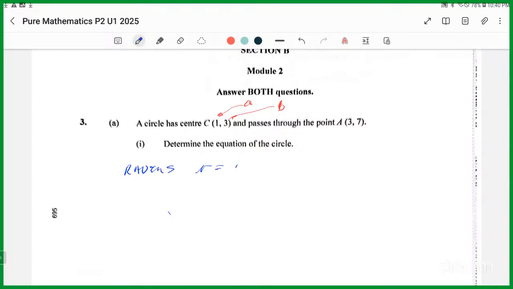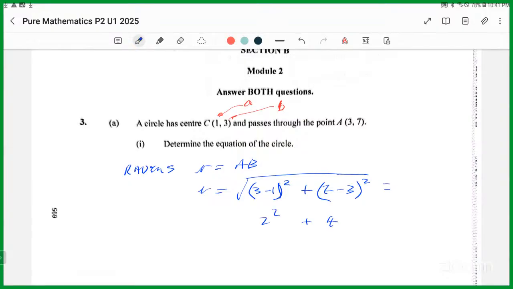So the radius of the circle, r, is equal to AB, which is the distance between these 2 points, which is the square root of the difference in these two x values squared, which is 3 minus 1 squared, plus the difference in these two y values, 7 minus 3 squared. So this here is 2 squared plus 4 squared, 4 plus 16 is 20.